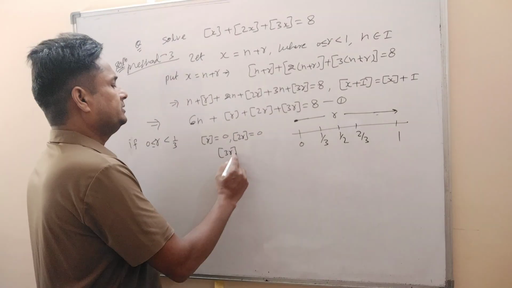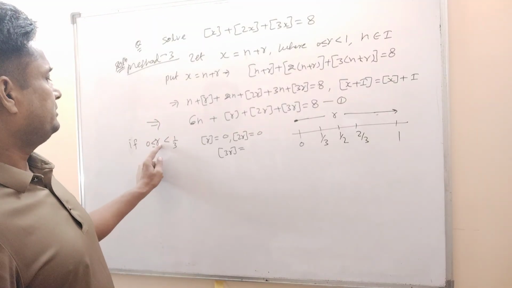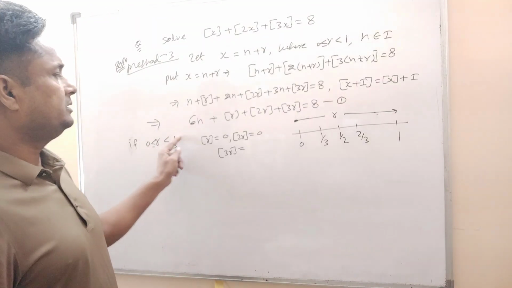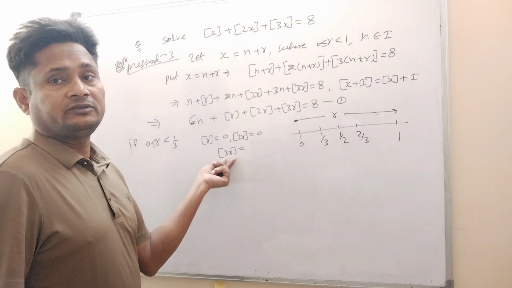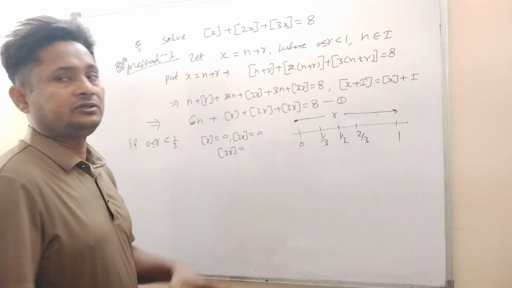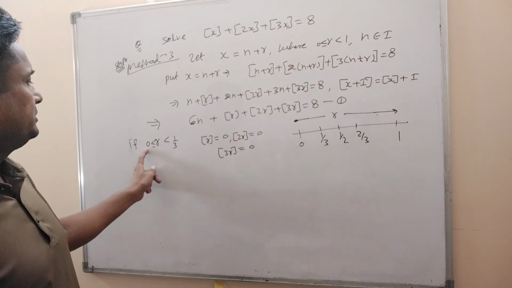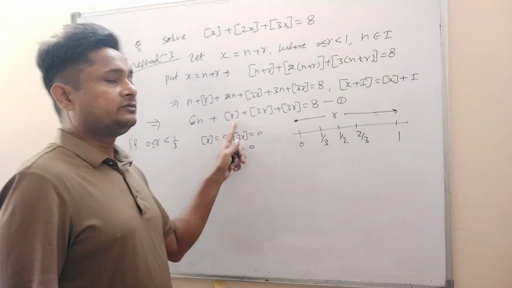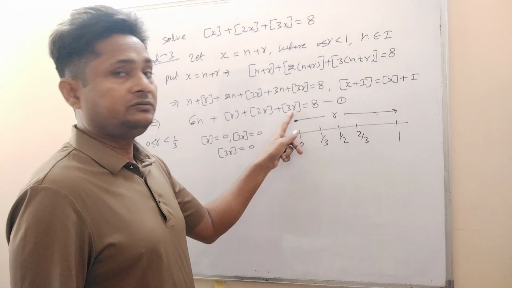Greatest integer of 3r: if you multiply by 3, then 3r will lie between 0 to 1, and any greatest integer of x where x lies between 0 to 1 will give you 0. So this will also give you 0. So if r is 0 to 1/3, then this will give you 0, this will give you 0, this will give you 0.